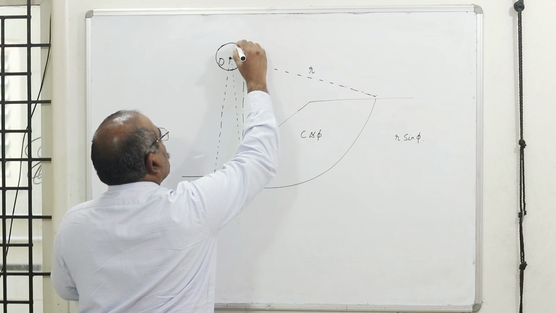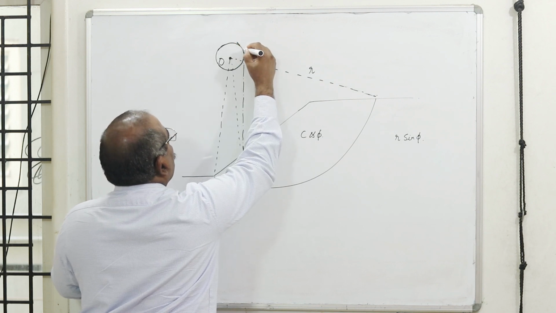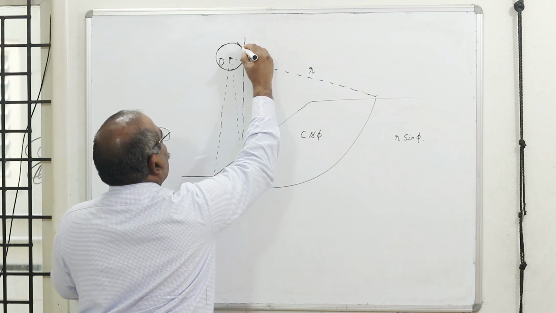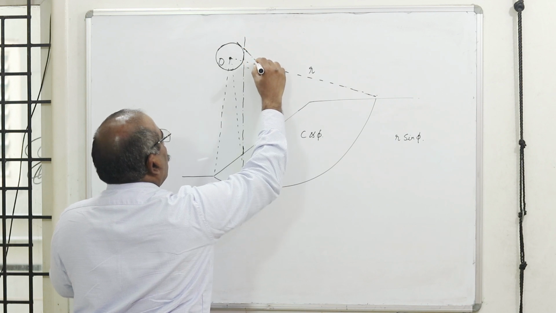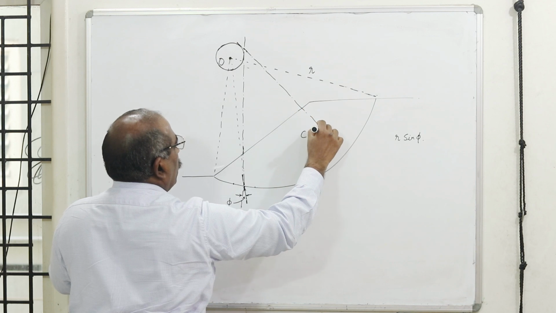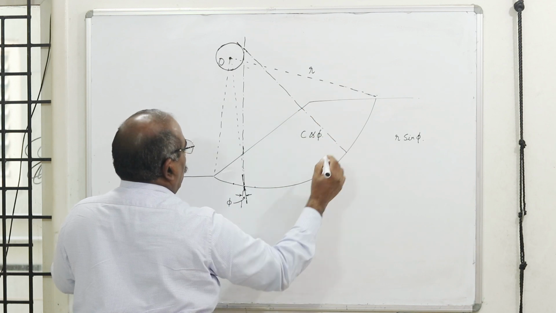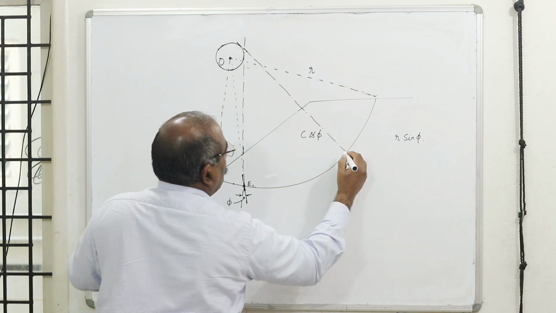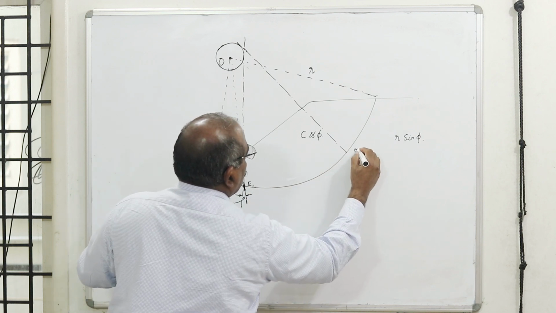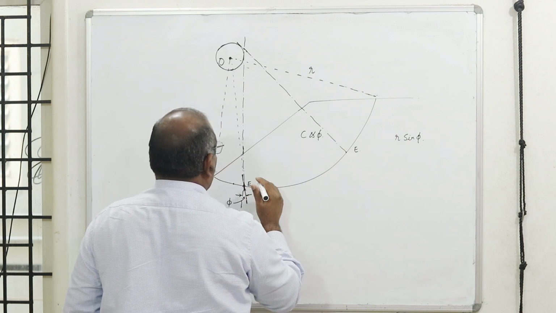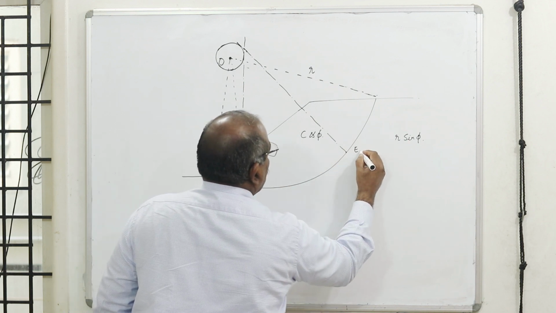Let me draw one more tangential line. Let me call the intersection points E1 and E2.